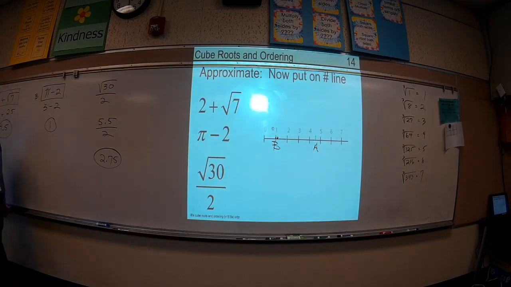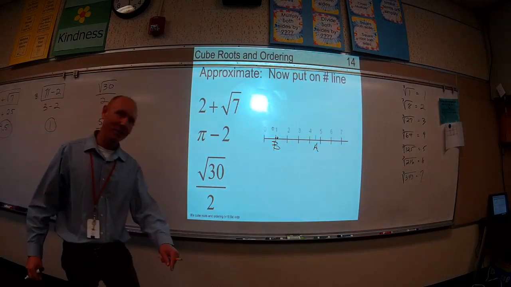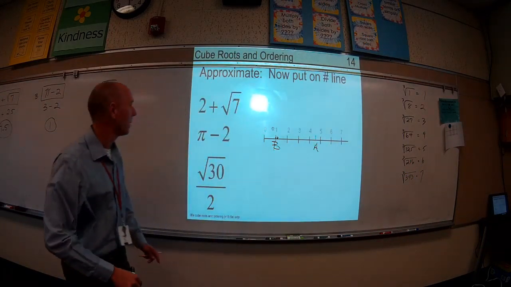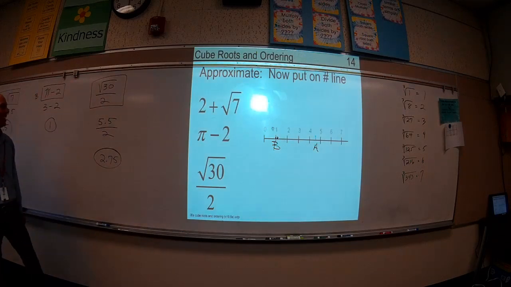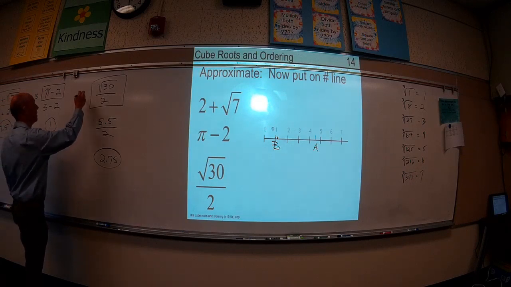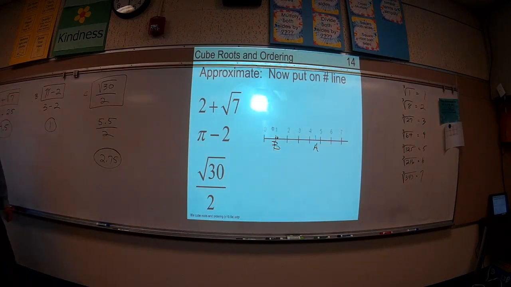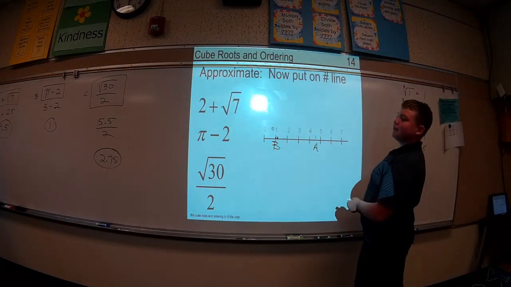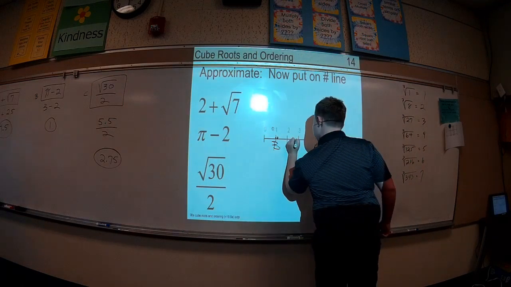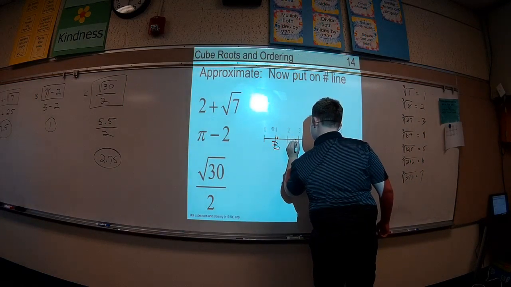Ganter gave you a little thumbs up. All right. And Samuel, why don't you go put C on the number line? Nice.